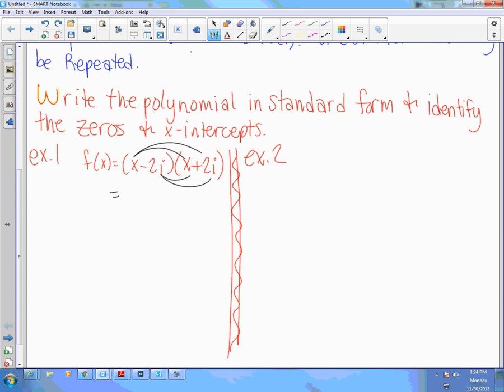And distribute this. X times x, x times 2i.